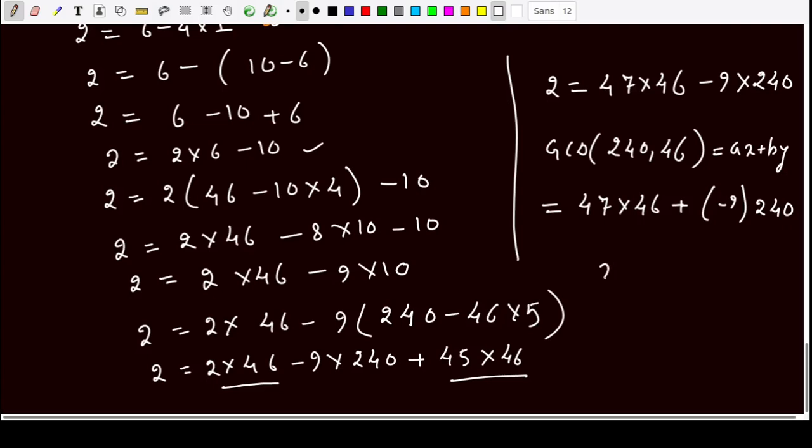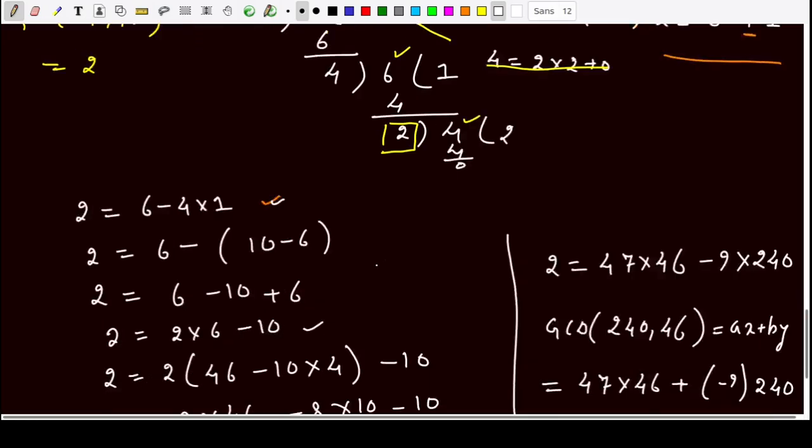Here the value of X is 47 and the value of Y is minus 9, and these two values are the additive inverse of 47 and 9. This is how the extended Euclid algorithm can be used to express GCD in the form of AX plus BY. I hope that is clear.